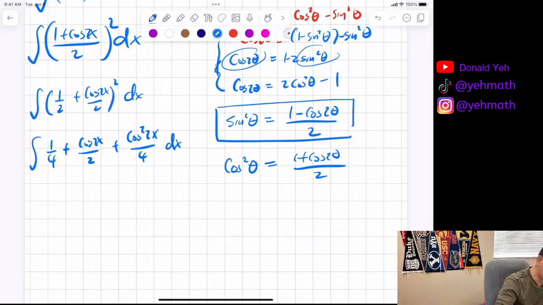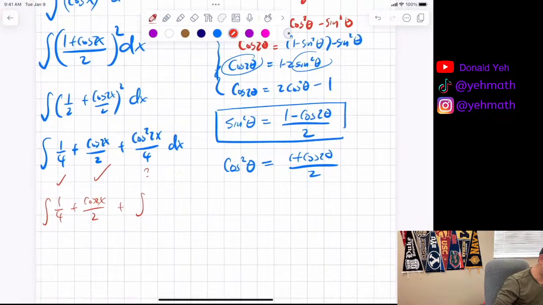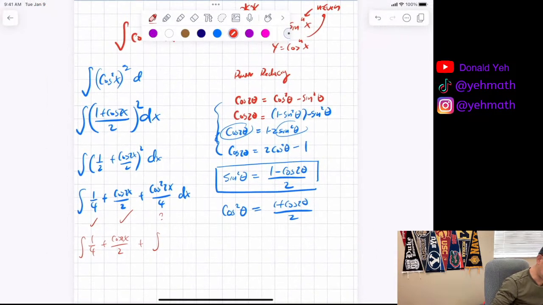So I can take an integral of this part. How about this part? That's cosine square. I have to use double angle again, right? So that's going to be 1/4 plus cosine 2x. I haven't taken integral yet. You have to be careful here though.